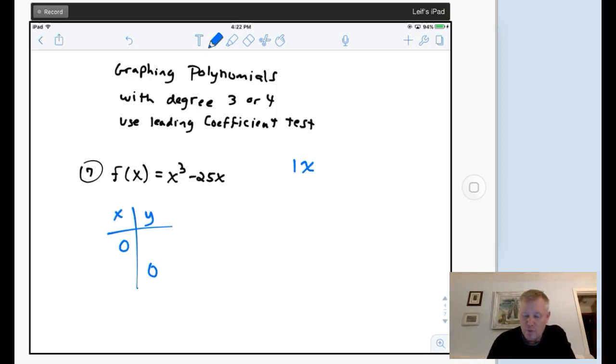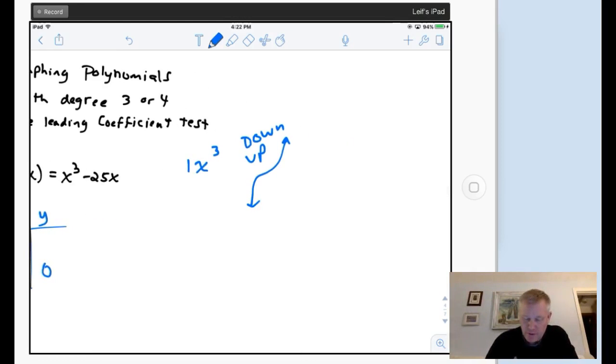So the leading coefficient will be that there's a 1 in front of that x to the 3rd, which means the end behavior of this will be down and up. And so remember, if it was negative x to the third, it would have been the opposite, which would have been up, down.